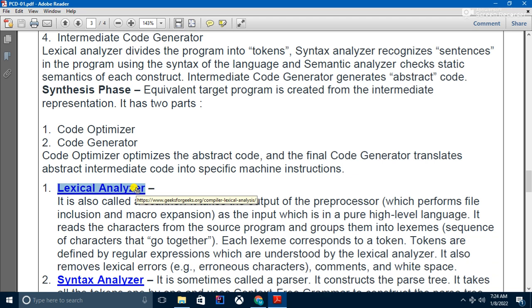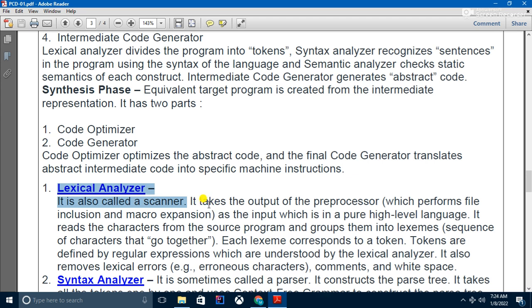Means in the compilation program, first the lexical analyzer will perform its operation. Lexical analyzer is also called a scanner. It takes the output of the preprocessor. Before coming to the lexical analyzer, our program first has to go through the preprocessor module, which removes all the hash include and hash define tags which are present in our program.